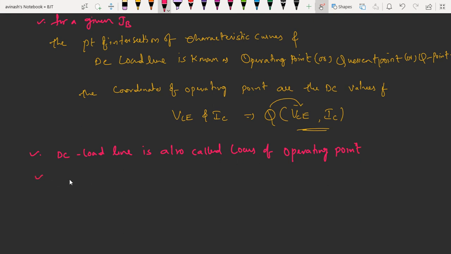Next point is, when BJT is used as an amplifier, the operating point is located at exactly the middle.